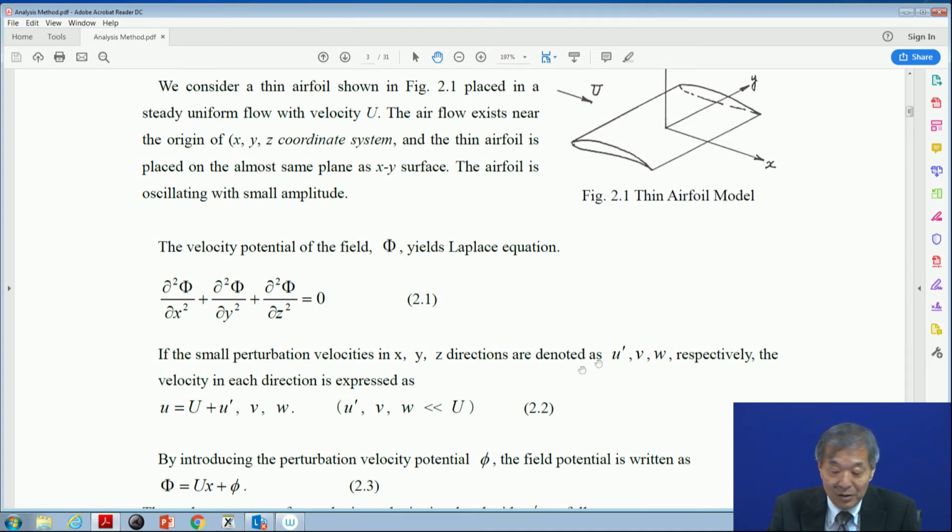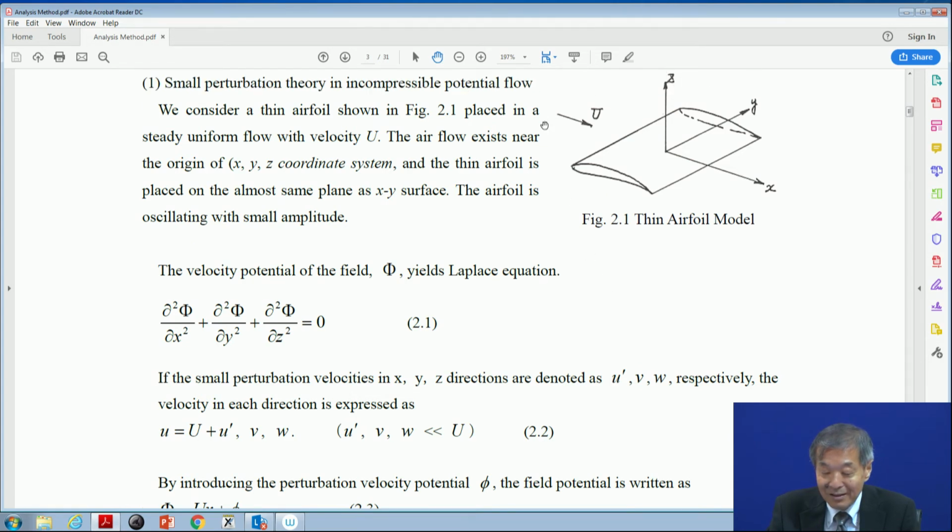So in the x direction we have uniform flow, capital U, so the velocity in the x direction is capital U plus u prime. In the y direction and z direction, we have only the perturbations v and w.